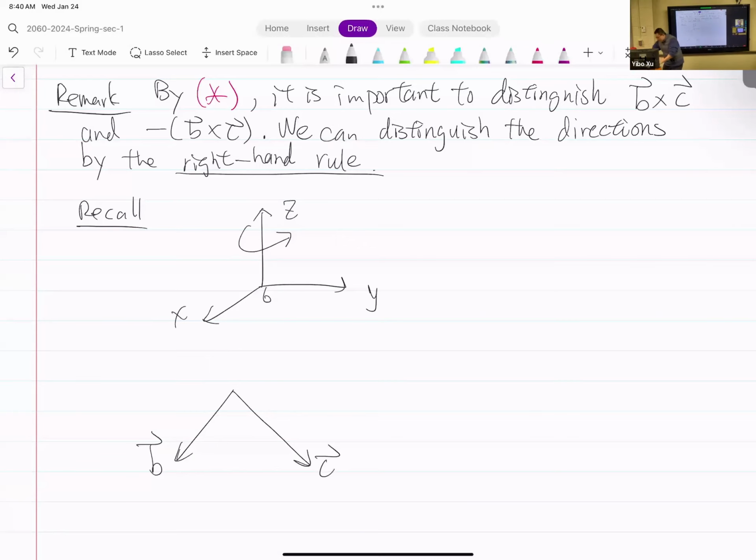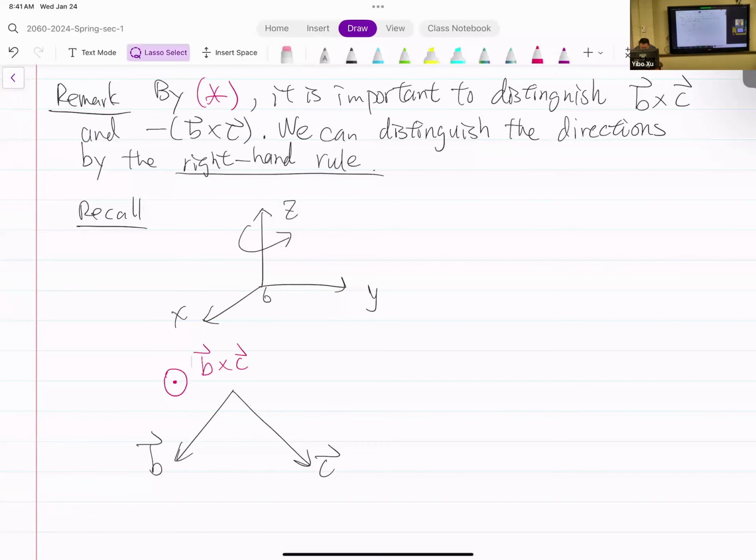That's not really easy to sketch, so one idea is to draw the symbol from physics, a circle with a dot inside. This illustrates an arrow flying towards yourself. That's the direction of B cross C.